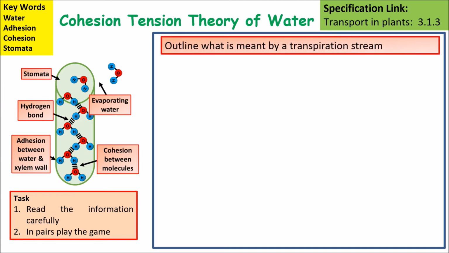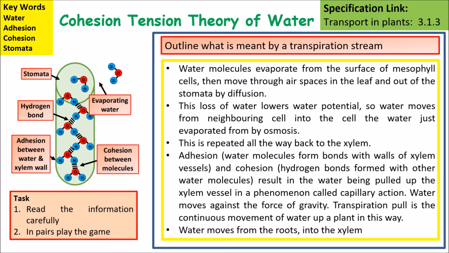So if we're outlining what is meant by a transpiration stream, key things to talk about are that water molecules evaporate from the surface of the mesophyll cells, then move into the air spaces in the leaf and diffuse out through the stomata. This loss of water lowers the water potential, so water moves from neighbouring cells into the cells by osmosis.